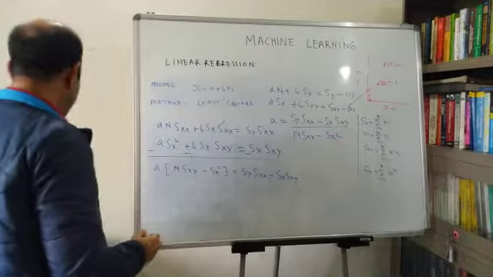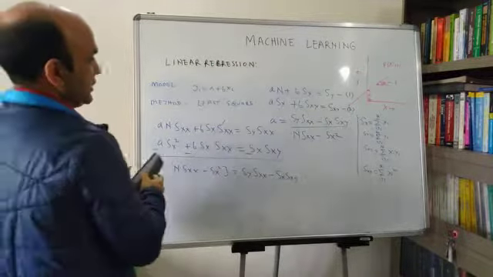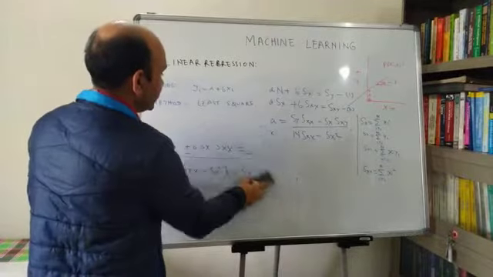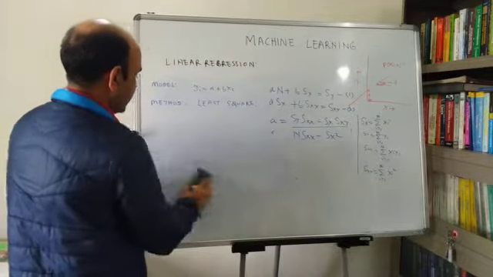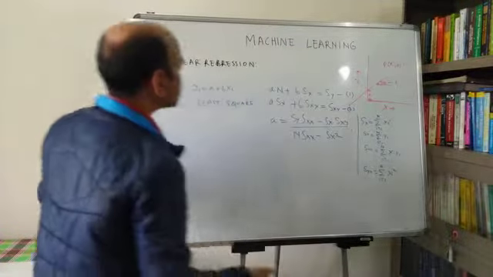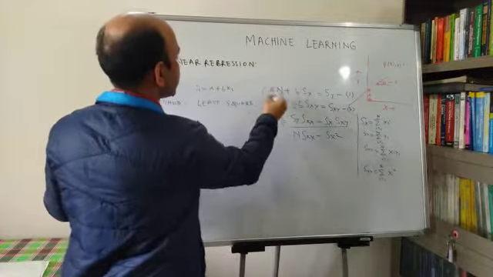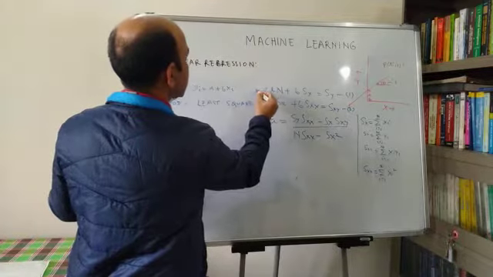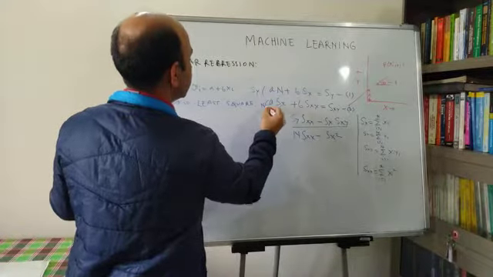Now we have the value of a, and similarly we can get the value of b by eliminating a. How do we eliminate a? We multiply equation 1 by sx and equation 2 by n.